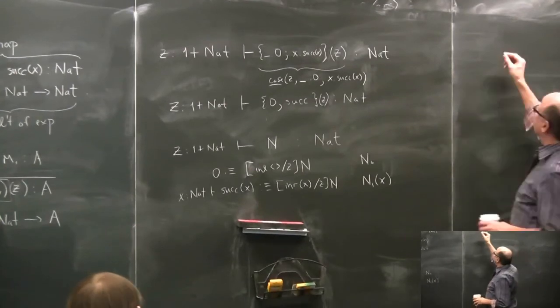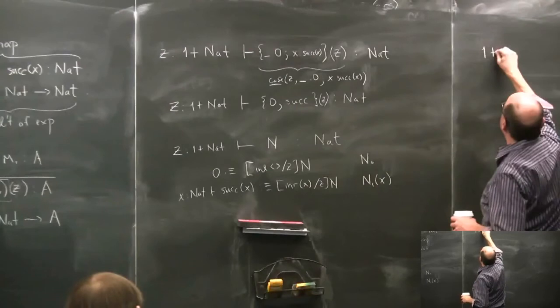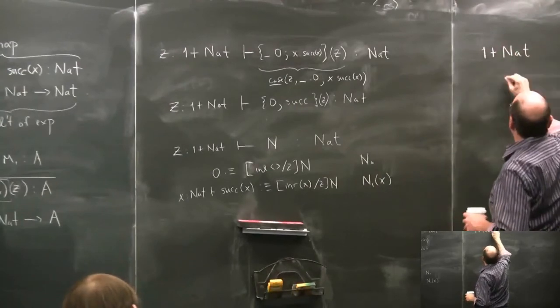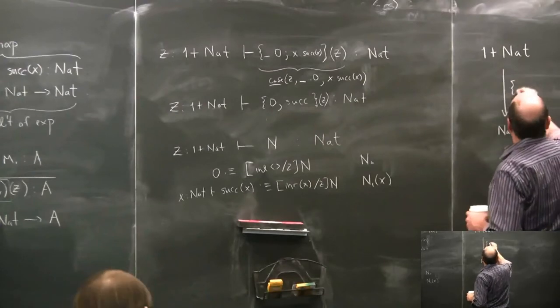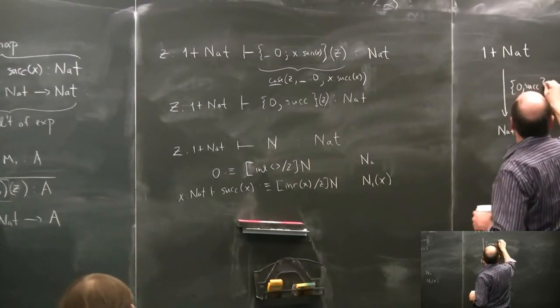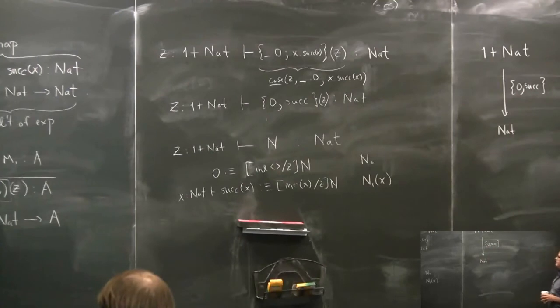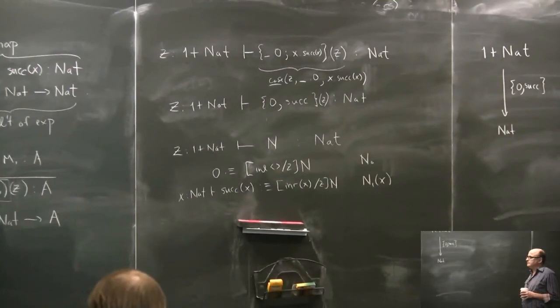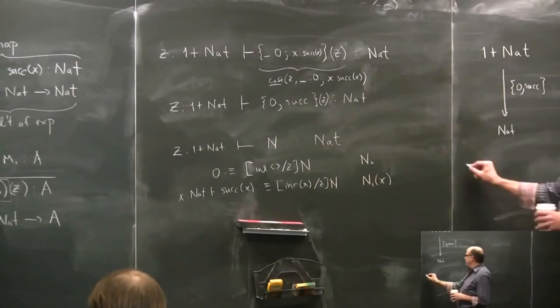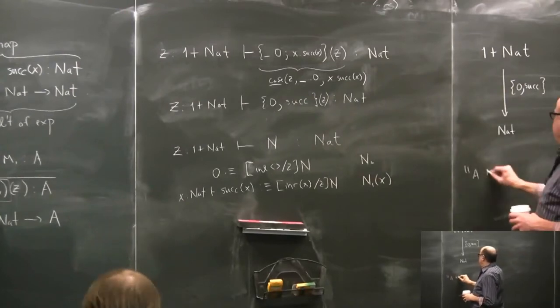So writing it like this, we say we have 1 plus Nat, and we have Nat, and the mapping here, with a slight abuse of notation, is the case analysis 0 successor. Okay? So this mapping is called a Nat algebra.